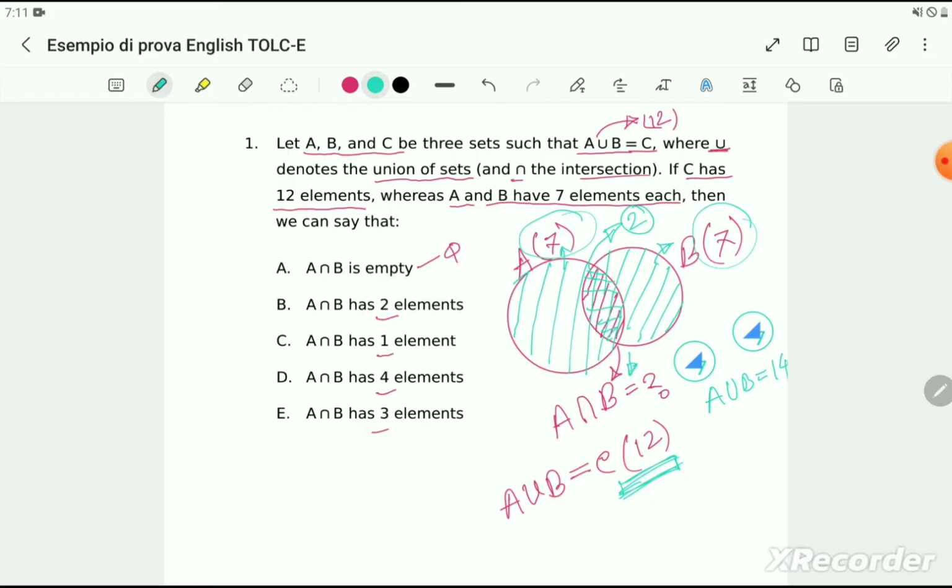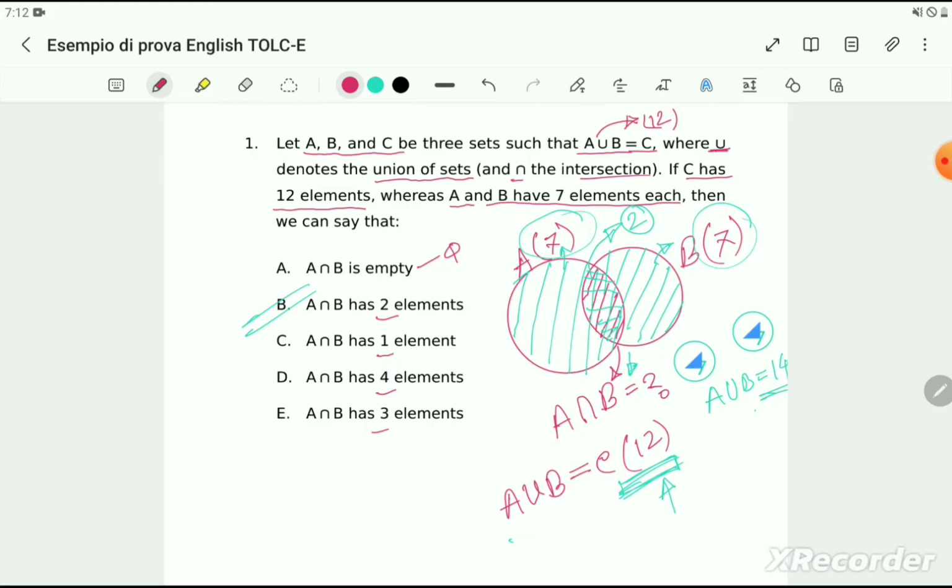This common area was actually counted 2 times, in A and in B, so we have to subtract 2 from this value, and then we get 12. Okay, then the answer is B.